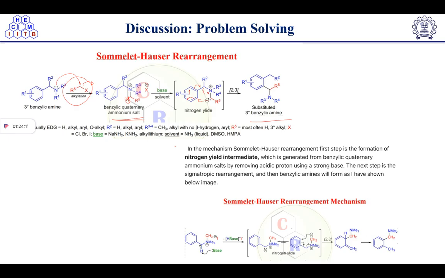Then the next step is the sigmatropic rearrangement. We can write this way also. Suppose they are double bonded, right? Positive charge, negative charge. So 1, 2, 3, 1, 2. So the bond will break. A 2,3 sigmatropic rearrangement will occur and it will give you the product, the substituted tertiary benzylic amine. Okay. Clear?